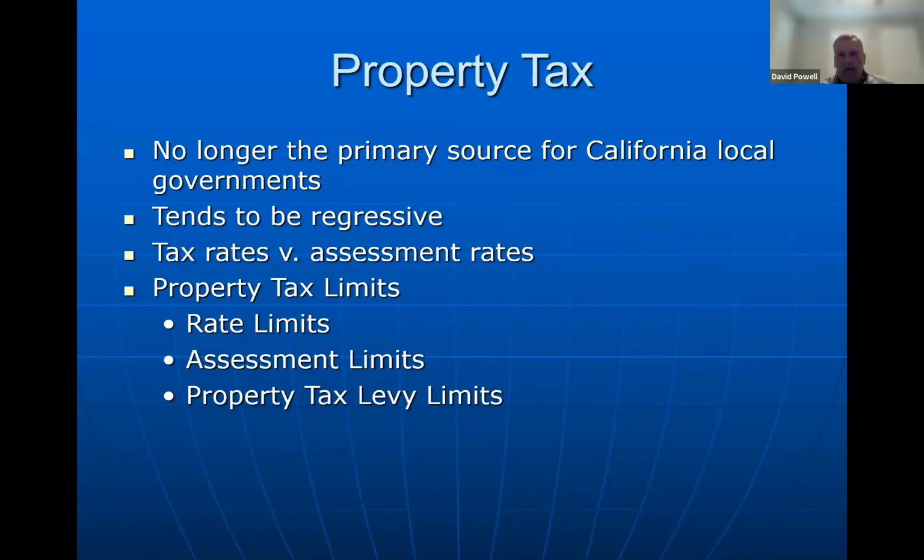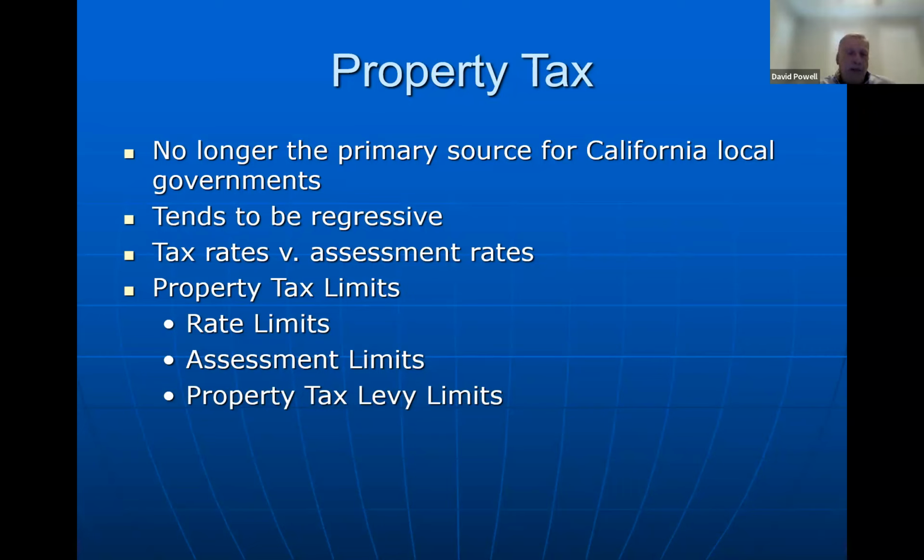The property tax was by far the largest form of taxation that local governments relied upon. Today, as we'll see near the end of our discussion, the average local government in California generates only about 14% of its revenue from the property tax. So Proposition 13 had a major influence on the revenue distribution of local governments.